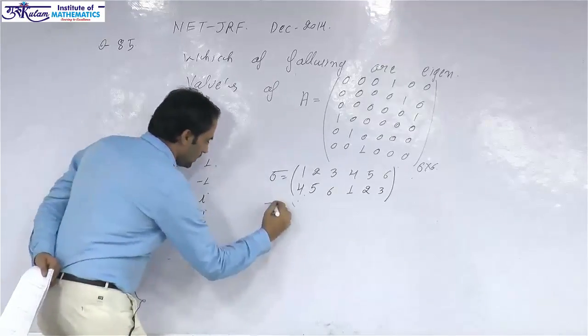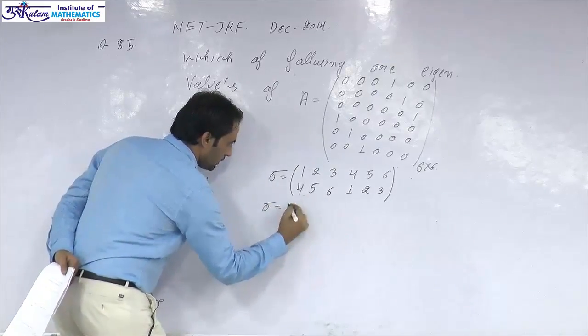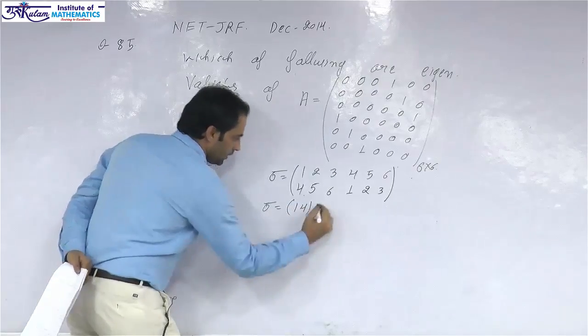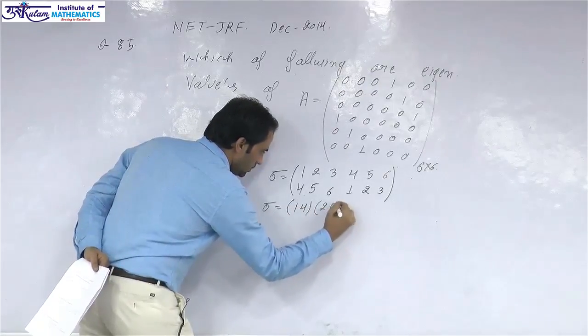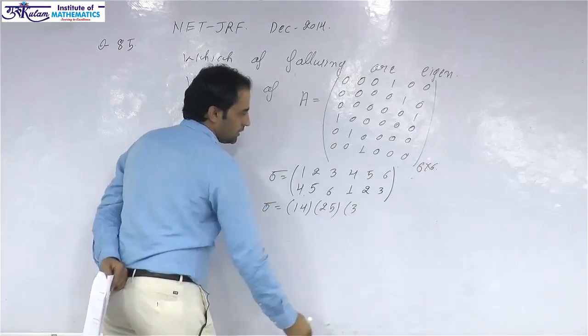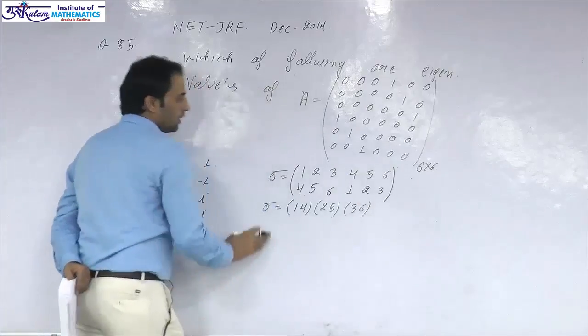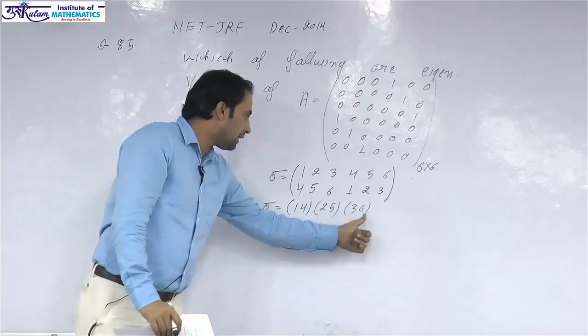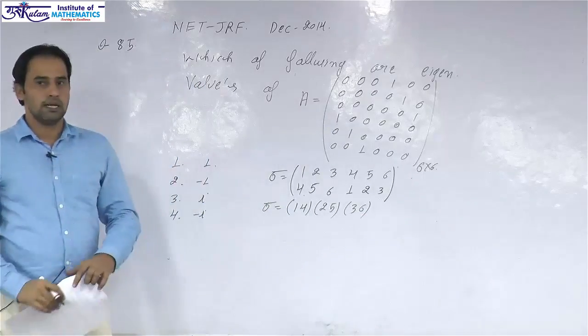So you can write in cycle decomposition form, sigma: image of 1 is 4 and image of 4 is 1. Image of 2 is 5, image of 5 is 2. Image of 3 is 6 and image of 6 is 3. So sigma is a product of 3 disjoint cycles and each cycle is of length 2.